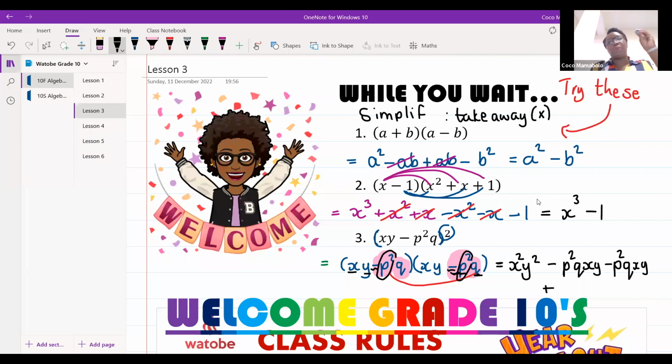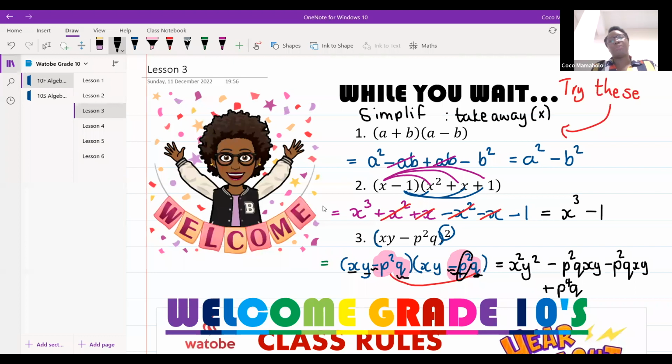What do I do with the exponents when the base looks the same? I'm going to have p, and what do I do with the exponents? You add them. We add them, good. So I'm going to have p, 2 plus 2 is going to give me p to the power of 4. And then q here, there's one q and one q.